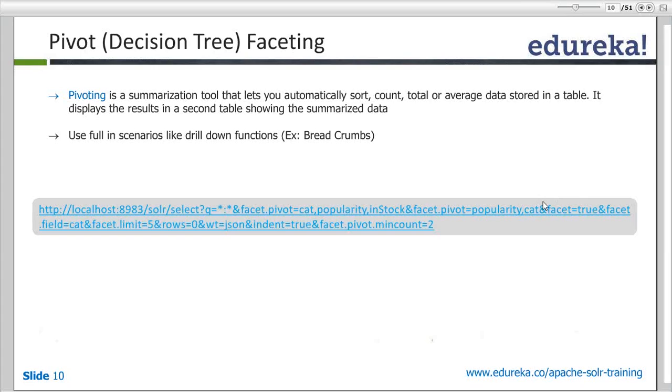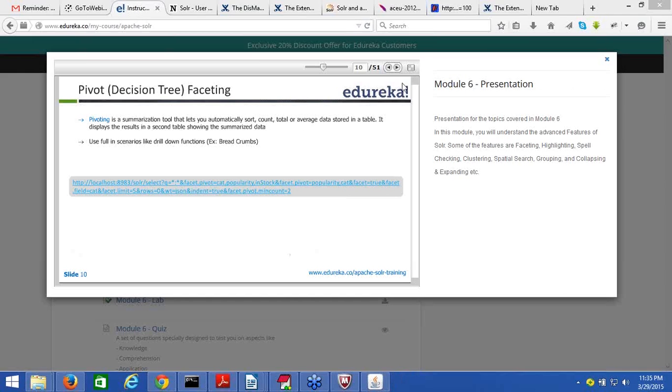You could automatically sort, count, or create the average of the data already stored on that facet. It is more like a drill down function, like we have the breadcrumbs. When you would like to drill down or drill up the data, you would want to use the pivotal decision tree faceting. So there is this example over here.